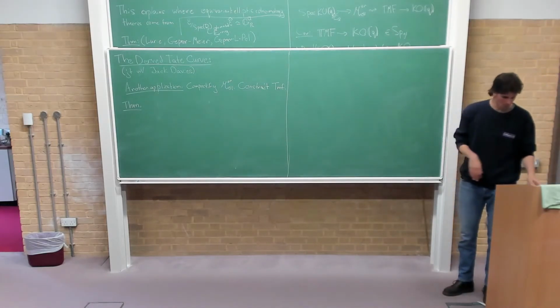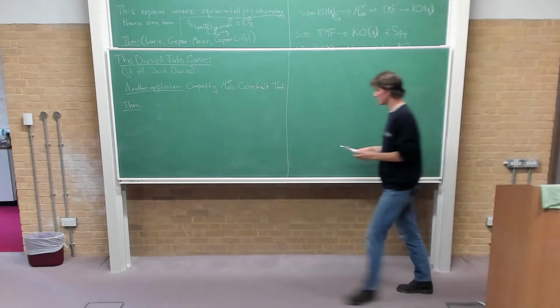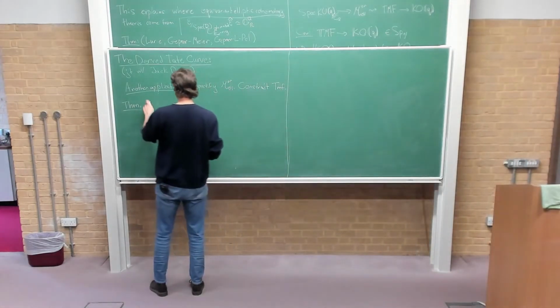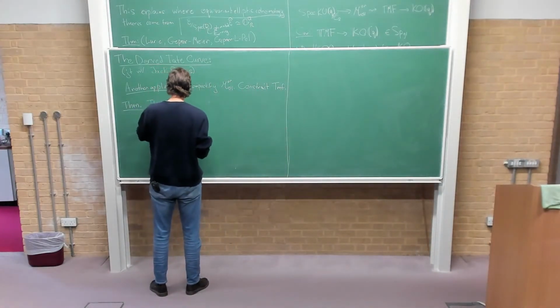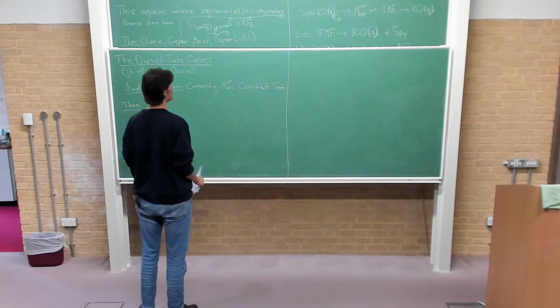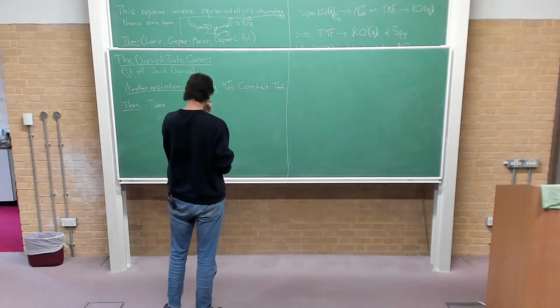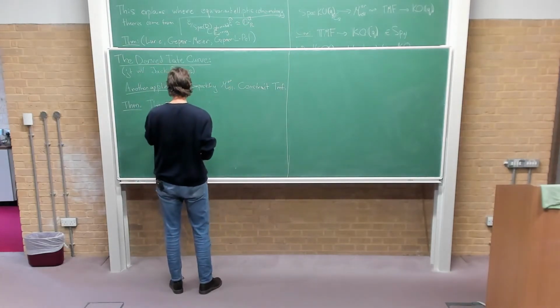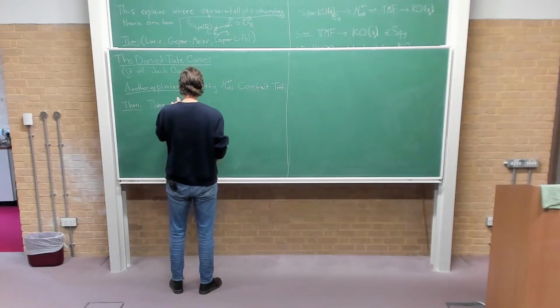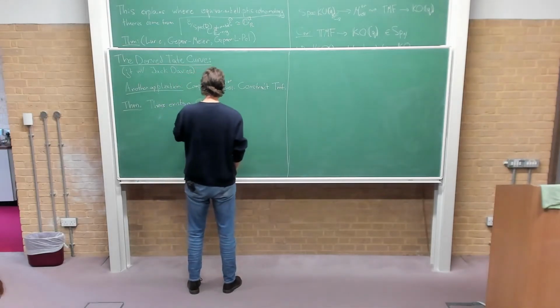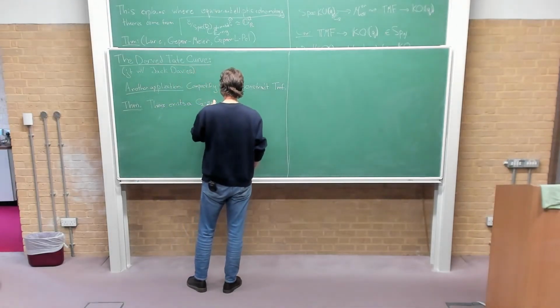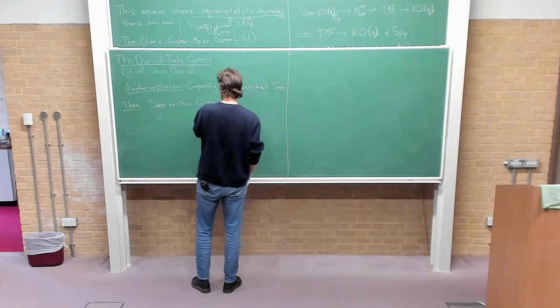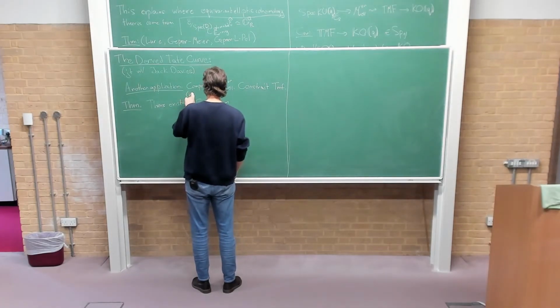Let me give one more theorem, which I think might be interesting. Can we also think about sort of real C2 applications of this construction? Namely, we prove there exists a C2, let me say here naive.